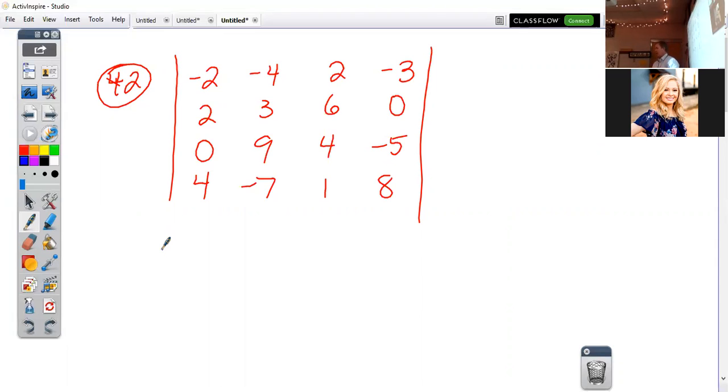So if you will hit on your calculator, second x to the negative 1. It says matrix. Everybody see that? It will bring up matrix and it'll say like A, B, C, D. Everybody see that? Okay.